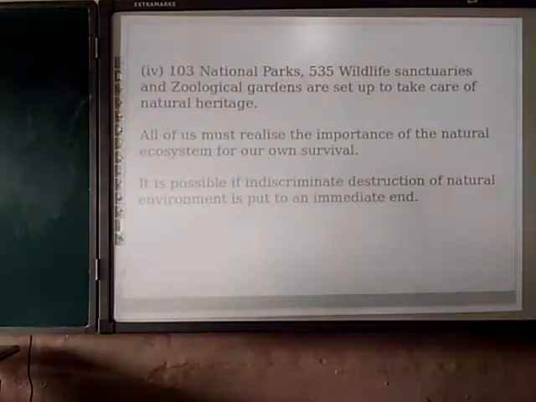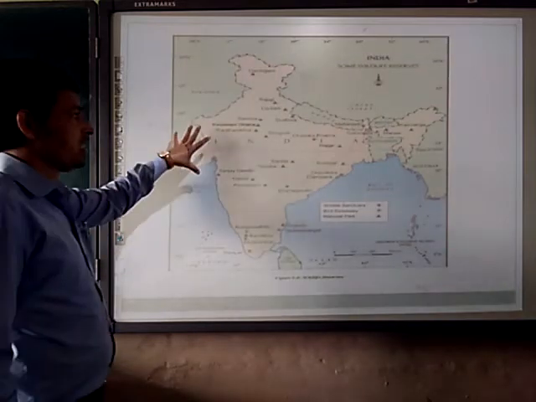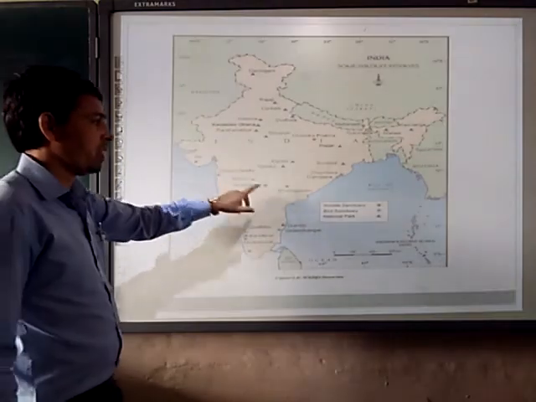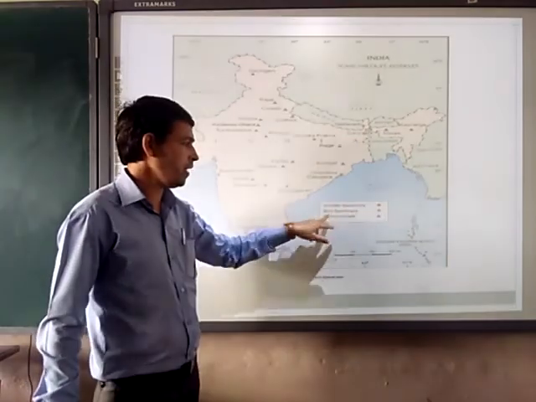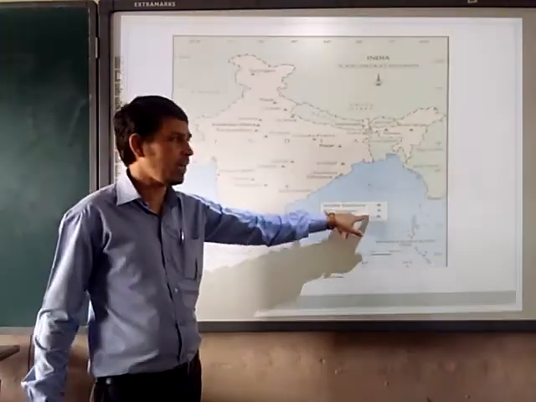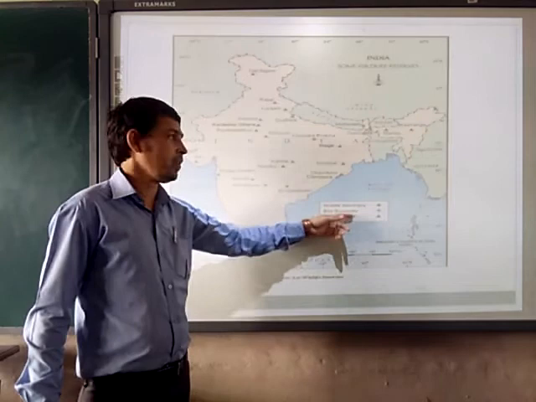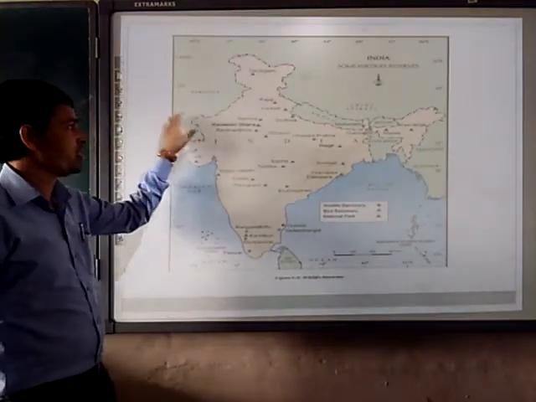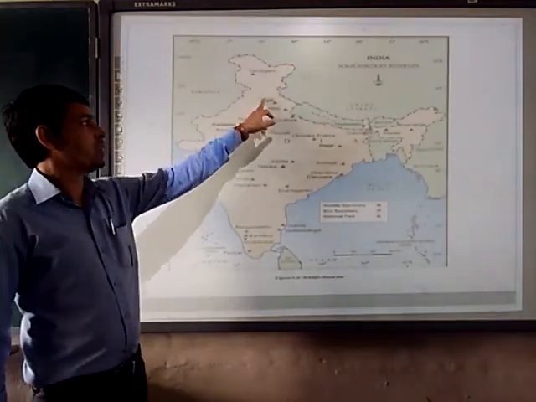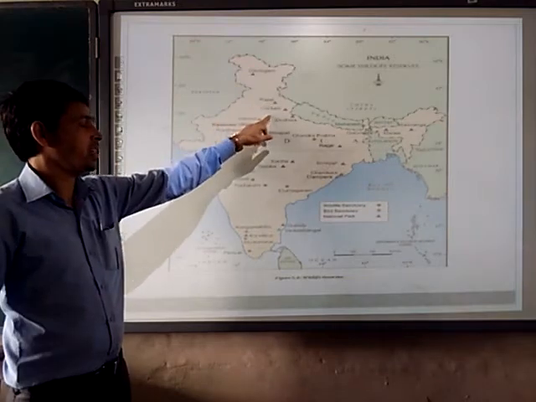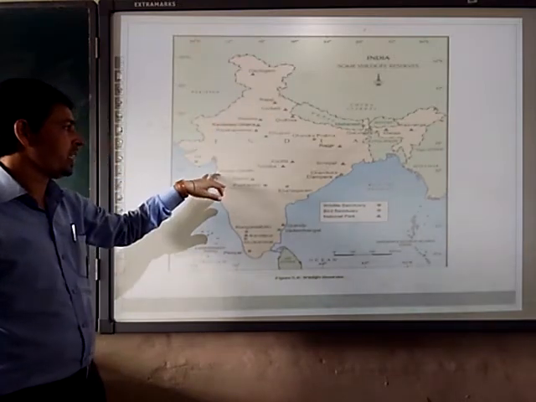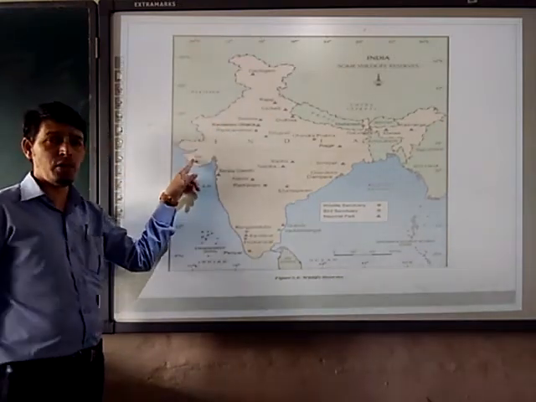Next, we are going to move to discuss the question answers. First, this is the map. In the map, wildlife sanctuaries, bird sanctuaries and national parks are shown with the key features. You can see Rajaji is here, Corbett National Park is there, Gir Forest is there.